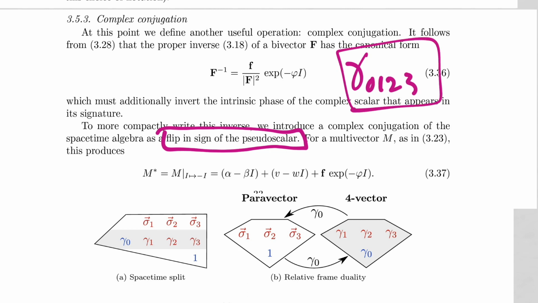That's the pseudoscalar. Notice they call it the pseudoscalar. I'm going to start using that language too. A pseudoscalar would be beta I, but the pseudoscalar is just I, all right? So I like that language.